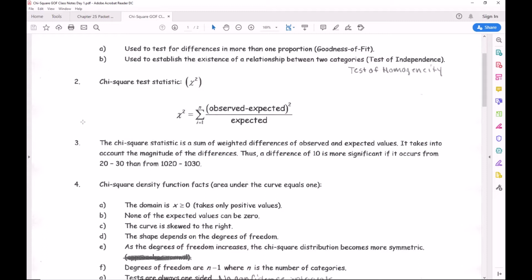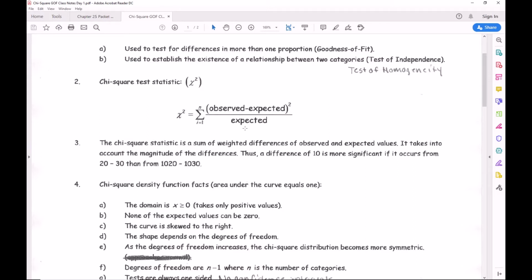So the way it's calculated is for each little subgroup within a category, like for us, M&Ms have 6 colors, so we'd do this 6 times. We'd calculate what we count minus what the manufacturer said ought to be there, squared, divided by the expected.